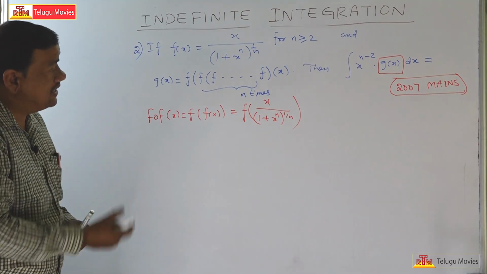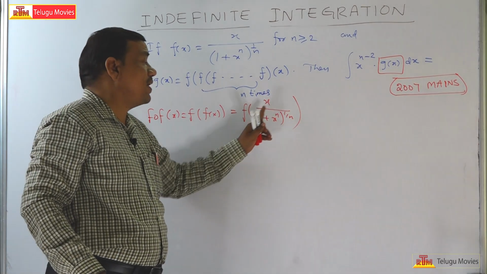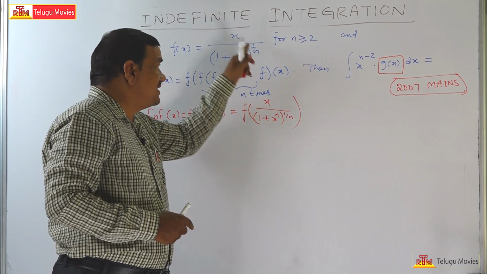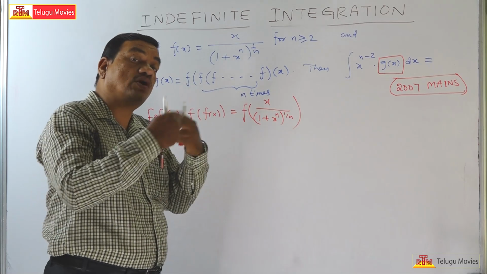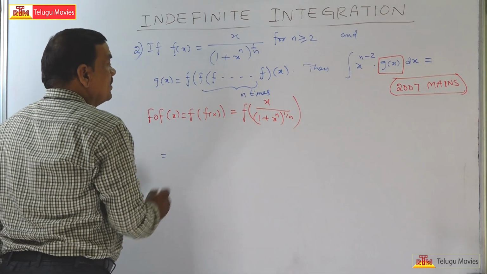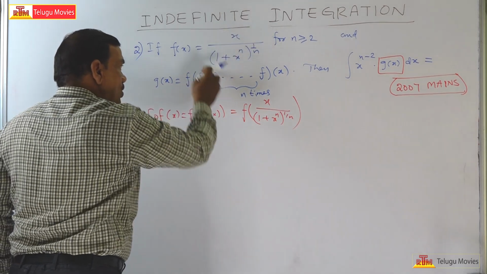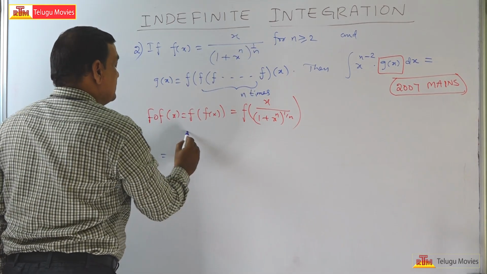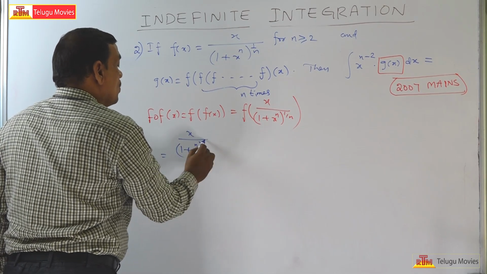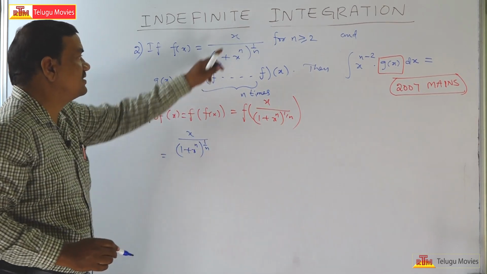Understand this? Wherever x is there, you have to substitute this whole function. That means x by (1 plus x power n) whole power 1 by n has to be substituted in place of x.